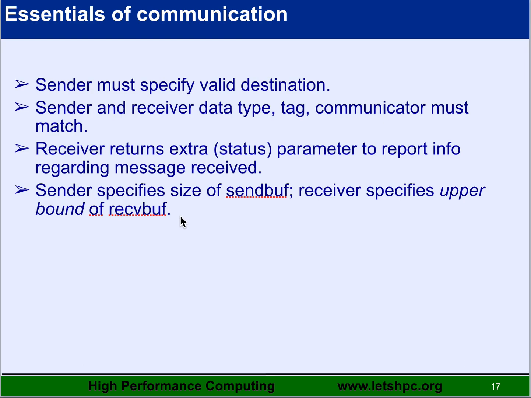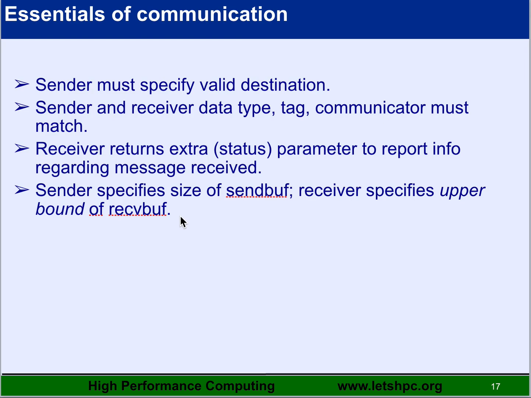So we have seen that both are part of MPI COMM WORLD communicator. Receiver returns extra parameter, that is the status, to report information regarding the received message. Sender specifies the size of send buffer, and receiver specifies the upper bound of receive buffer.